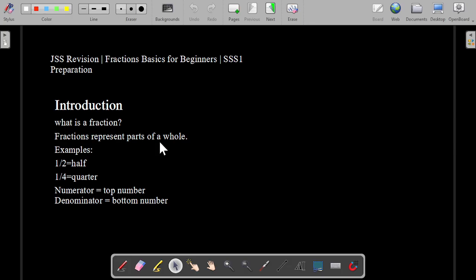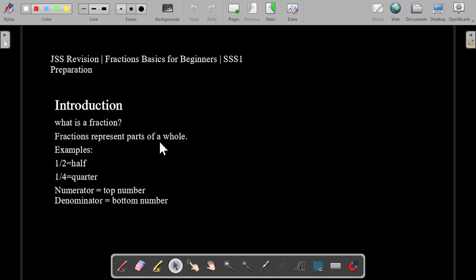So examples, look at it. If you have 1 upon 2, it is equal to half. This is half, 1 over 2. On a real number line, this should be 0.5. But in fraction, we write it 1 over 2.